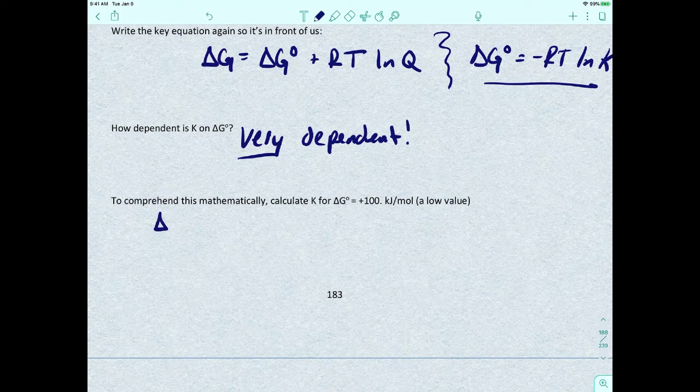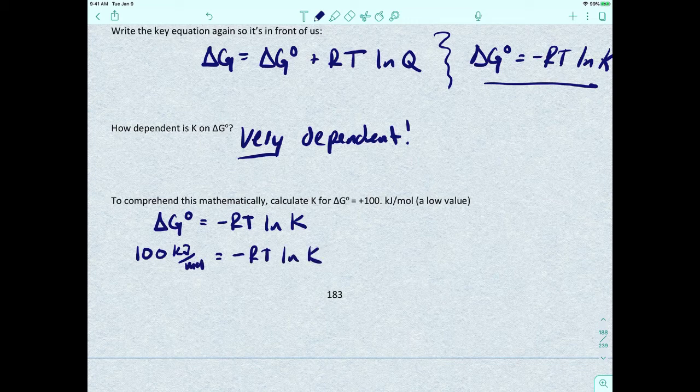So here's your equation. Delta G standard state is equal to negative RT natural log K. So if delta G at standard state is equal to 100 kilojoules per mole, this is equal to negative RT natural log K. Now, let's assume that temperature is 298 K, which we have to assume because it's standard state.